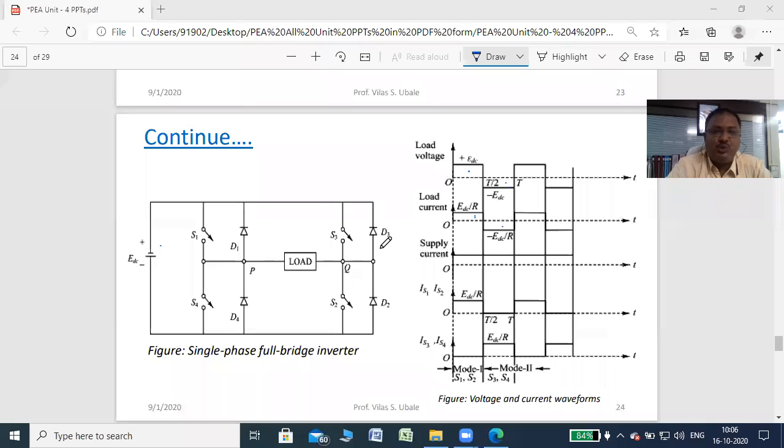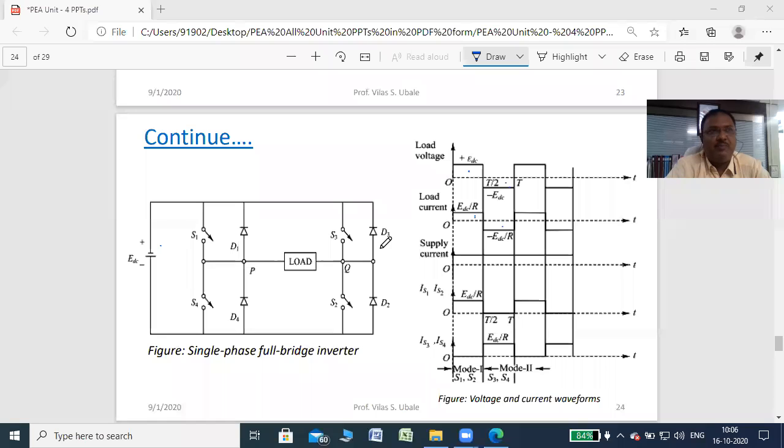So power switch means again a power BJT, power MOSFET, IGBT or SCR, right? For high power rating, SCRs are required, but for low and medium power, if your power rating is greater than 5 kVA, then definitely SCRs are required.